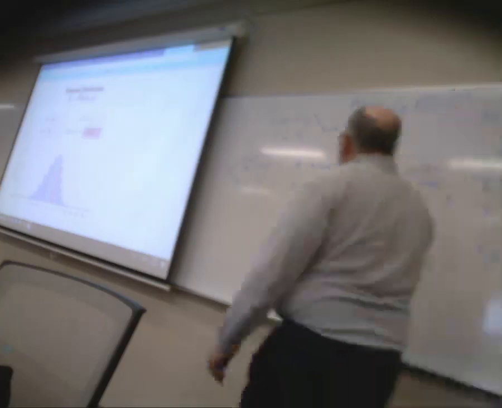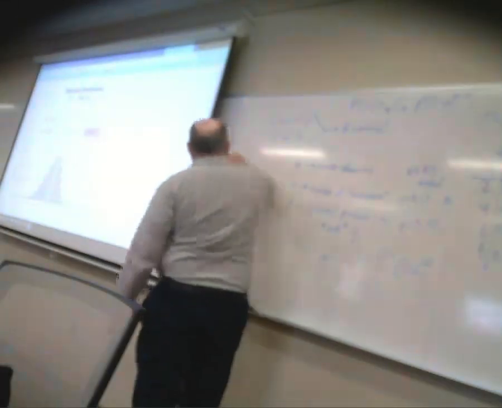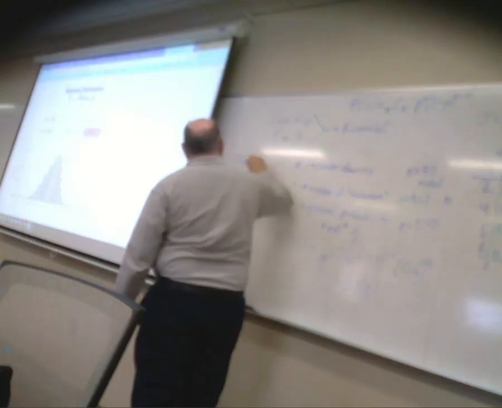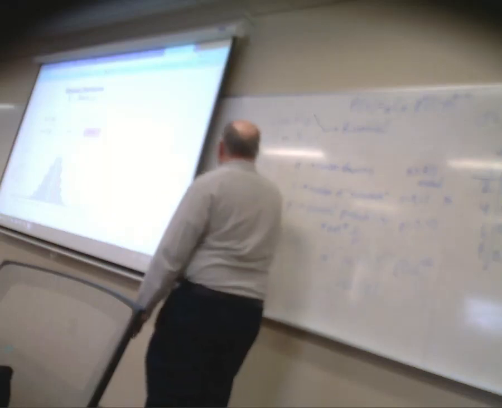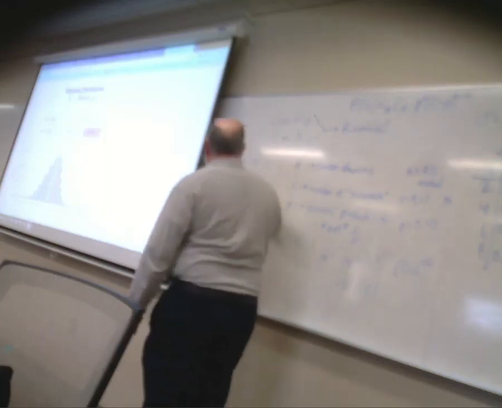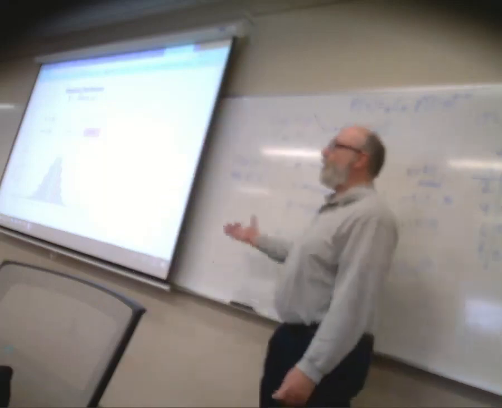All right, now, when we do this, we can also find the mean and the standard deviation in this situation. But it's important for you to know what we're talking about here. We want the mean of X. And we want the standard deviation of X. This is the thing we are measuring.